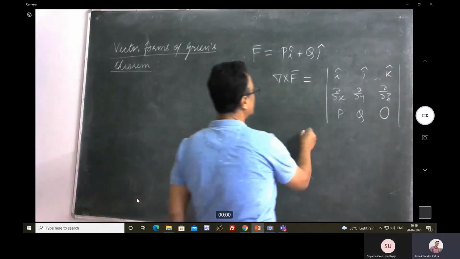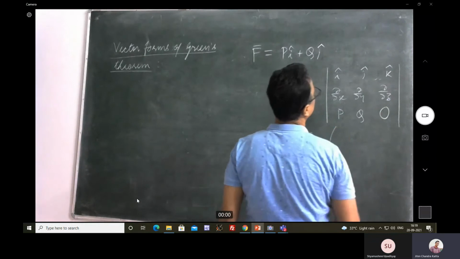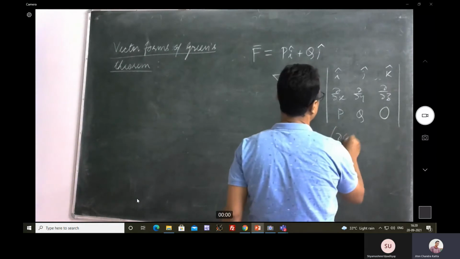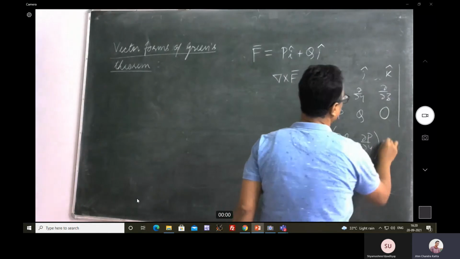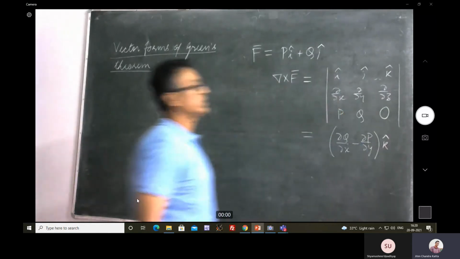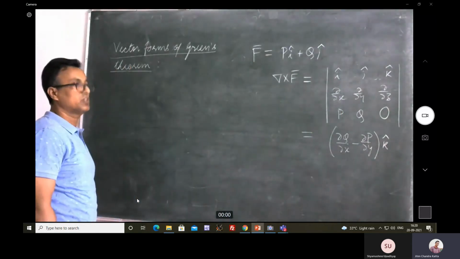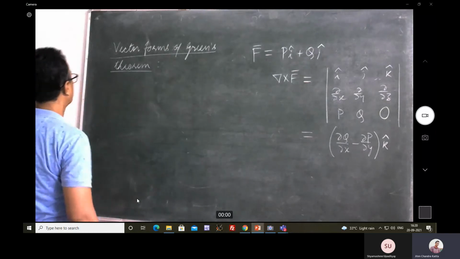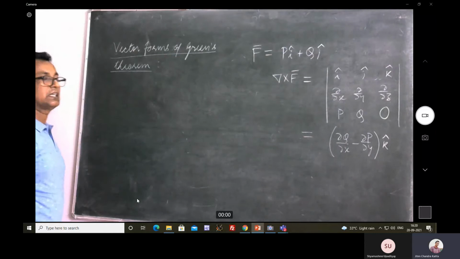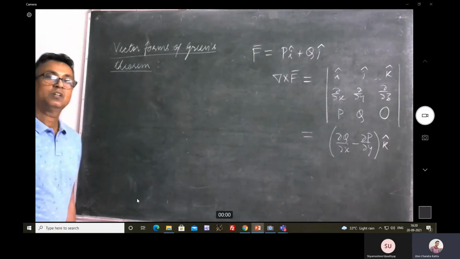So from here you can easily see that this turns out to be (del Q/del x minus del P/del y) k, because the first 2 components will be 0. Is it okay? Fine.